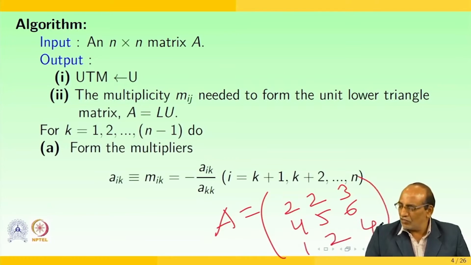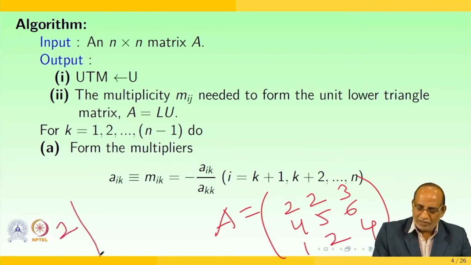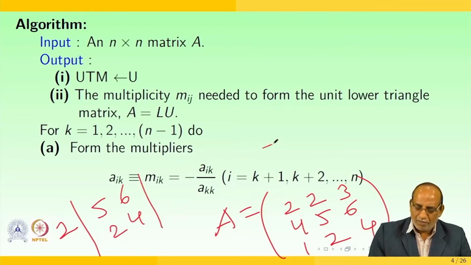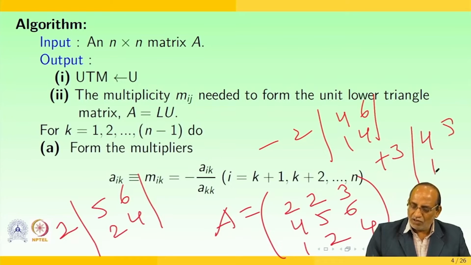When you compute the determinant of this matrix, you get 2 times the determinant of 5, 6, 2, 4, minus 2 times the determinant of 4, 6, 1, 4, plus 3 times the determinant of 4, 5, 1, 2.